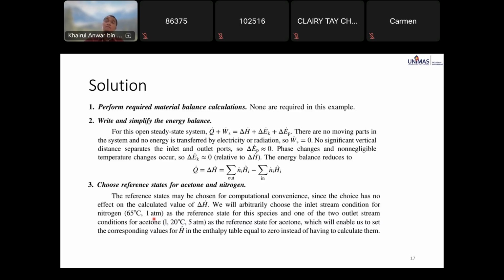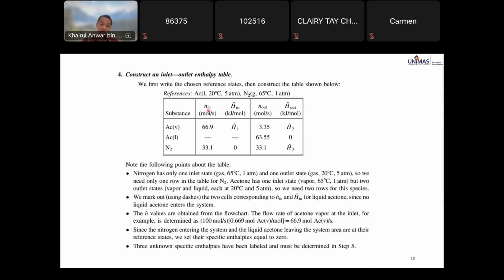So let's say you have two components, nitrogen and something else. Then you need to have two reference states. One is for acetone, another one is for the nitrogen. So we write the reference state on top of the table. So it's acetone liquid and nitrogen gas. This is from the question given.